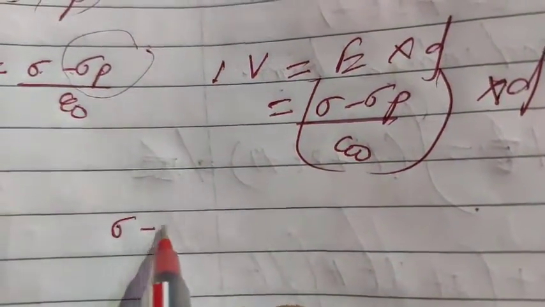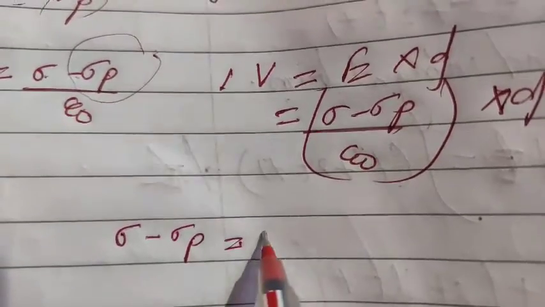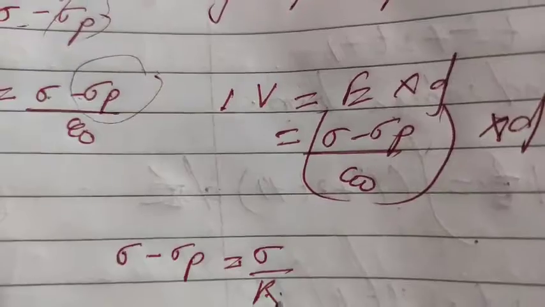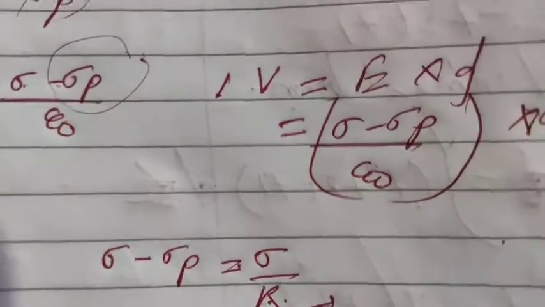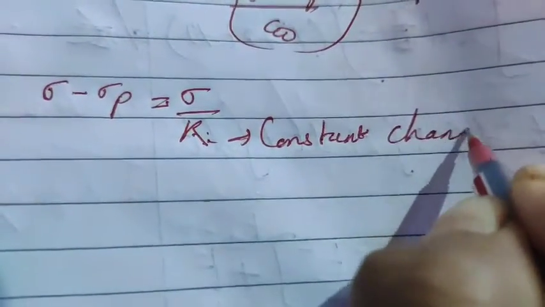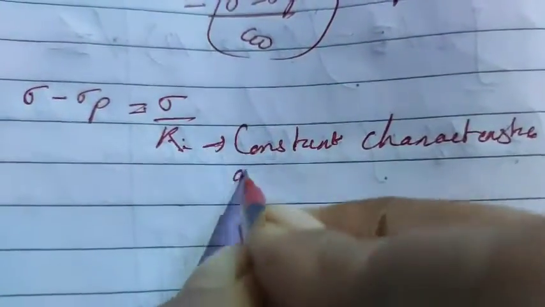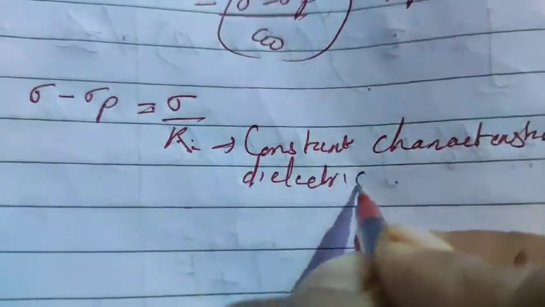So I can write sigma minus sigma p is nothing but total charge density by K. What is K, students? K is considered as a constant, a characteristic of the dielectric. Okay, this is the concept.